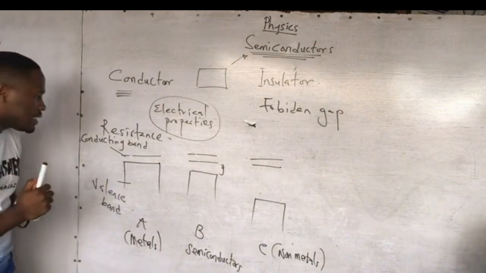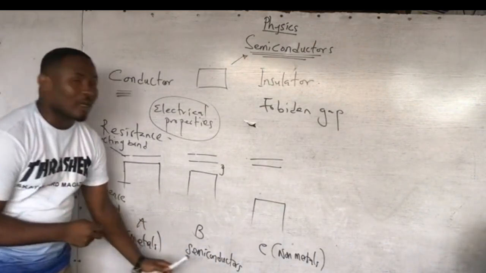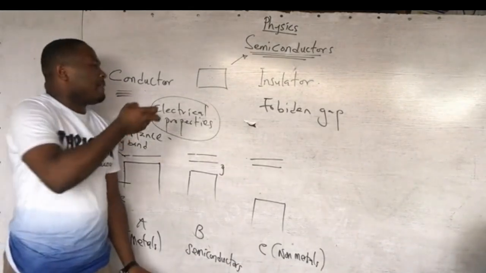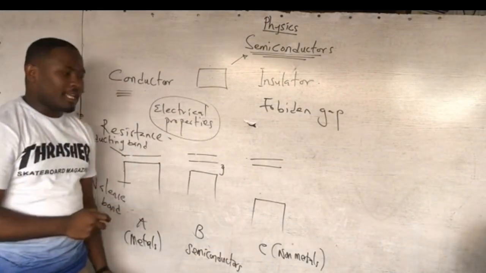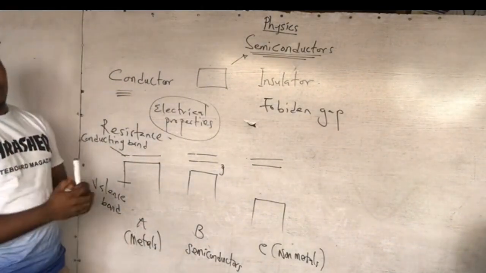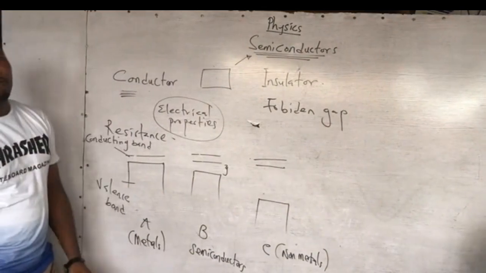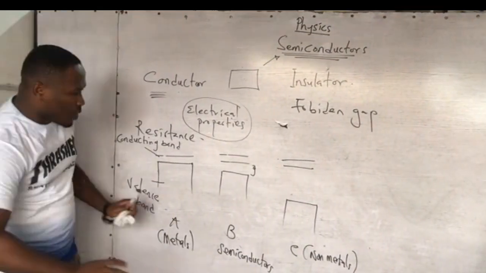Therefore, I can boldly say that a semiconductor is that solid which has a narrow forbidden energy gap.